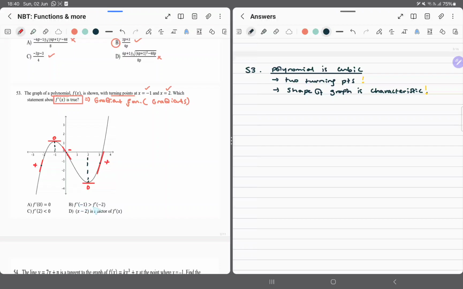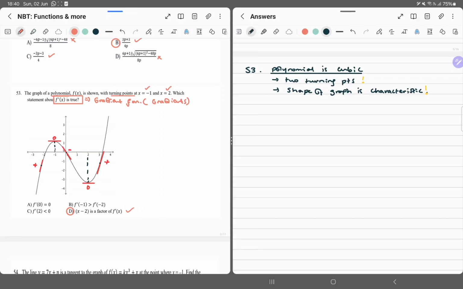So that is not true, because f prime of minus 2 is actually positive. That means it's greater than f prime of minus 1, which is 0. But now the question says, which one is the answer? Obviously D, because we've successfully eliminated the others, has to be the correct answer.